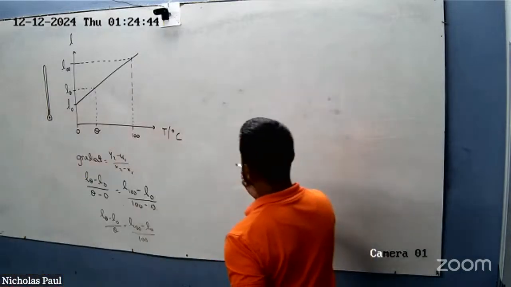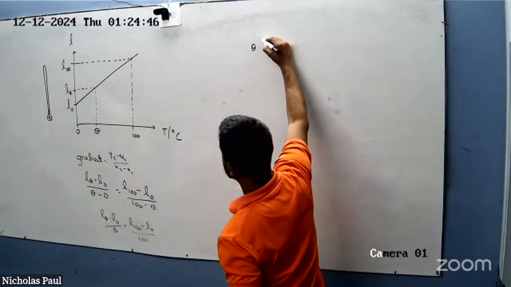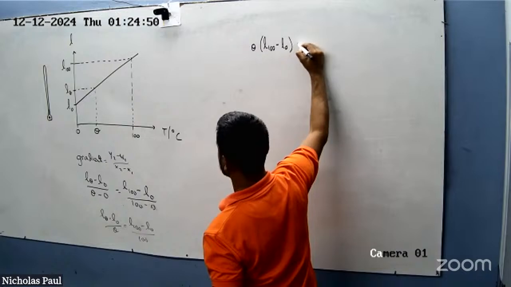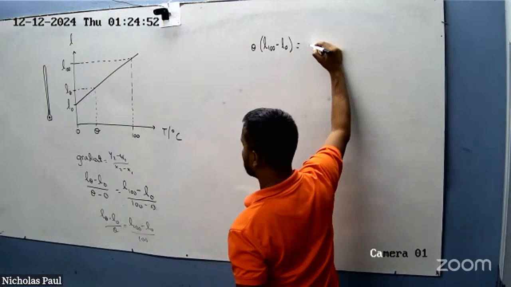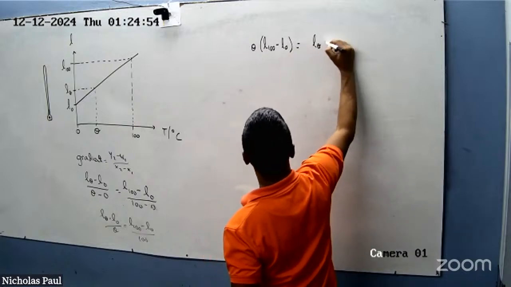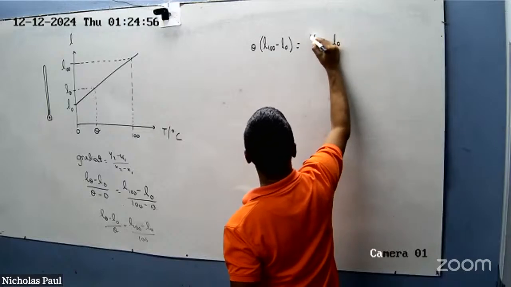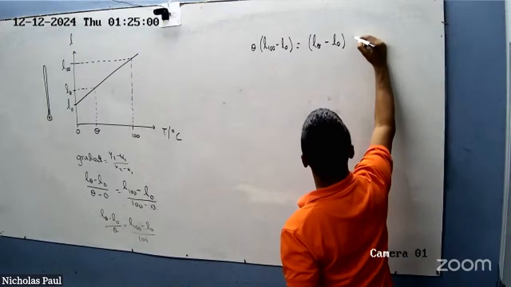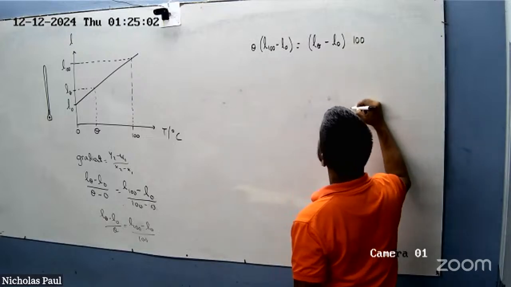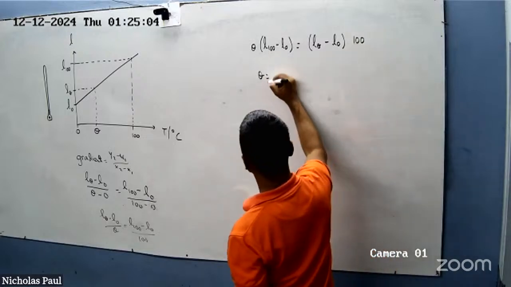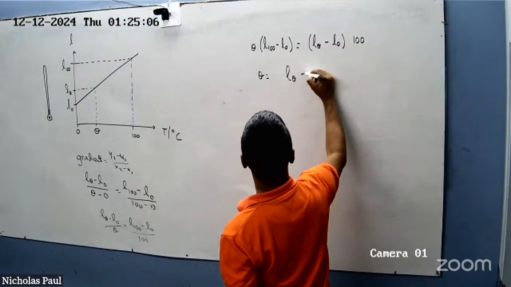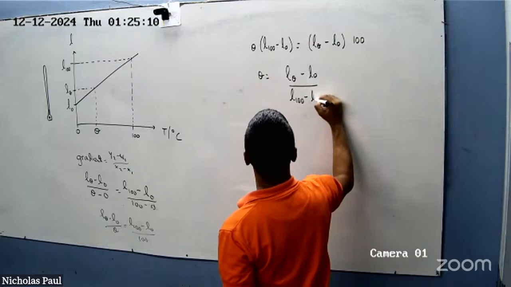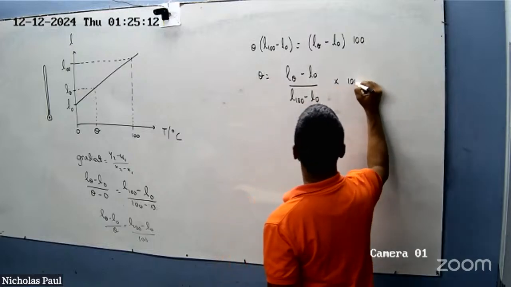So if you cross multiply, I'll get theta by L100 minus L0 is equal to L theta minus L0 by 100. So therefore, theta is L theta minus L0 all over L100 minus L0 by 100.